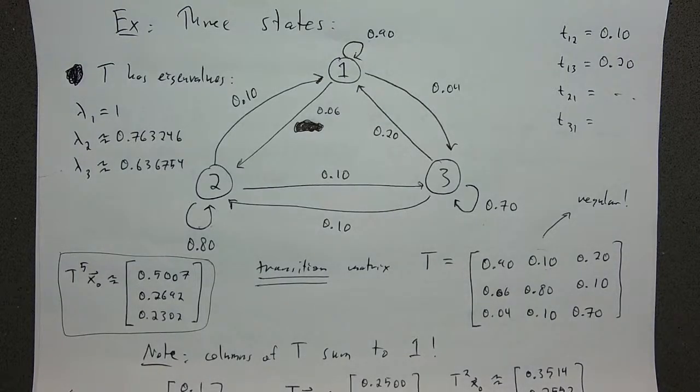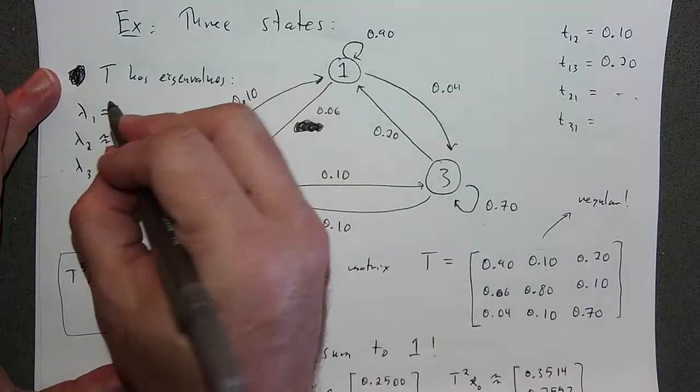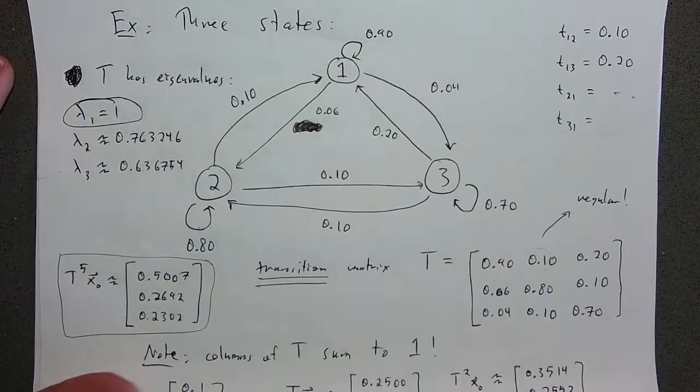But anyway, of course, the eigenvalue we care about is just this first one, because that's the thing that gives us our steady state. We also knew that that one existed just from the fact that this is regular by the theorem. So we know that there is going to be an eigenvector that is going to be a probability vector for which this works. So let's just use MATLAB.